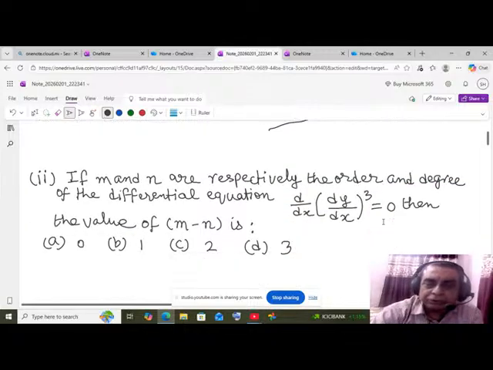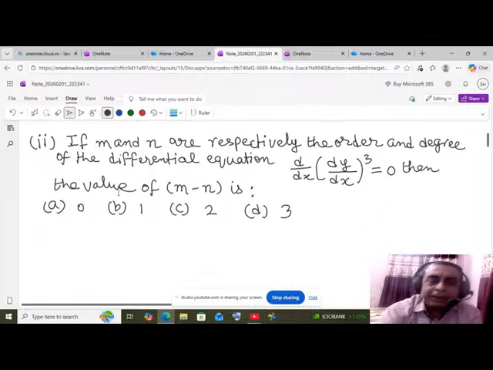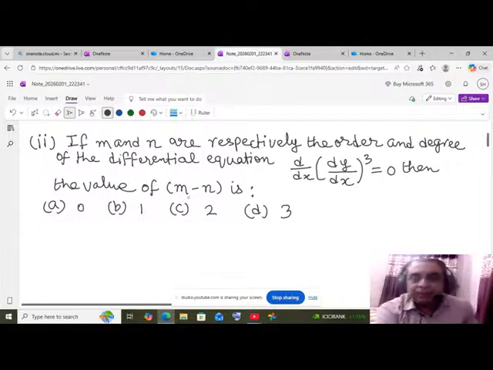Now we are going to part 2. The question is: if m and n are respectively the order and degree of the differential equation d/dx of (dy/dx) to the power 3 is 0, then the value of m minus n is.